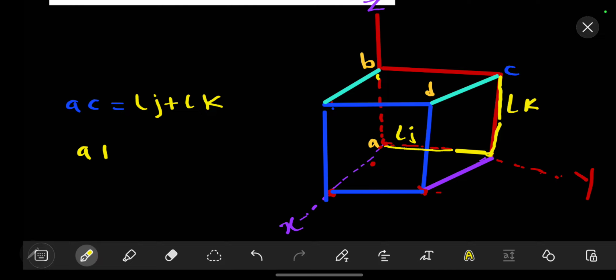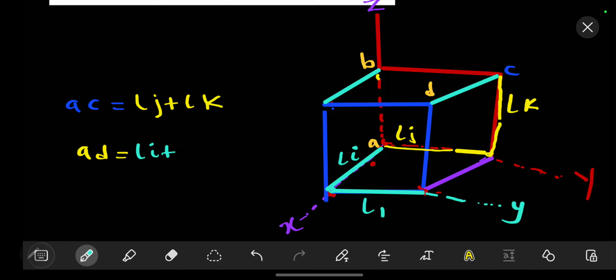Then we know that our AD, we are just going to retrace it so that we are able to understand. From here up to here, it is a length of L. Since it's X, it will be Li. So we are going to say Li plus, from here up to this point now. If this is Y, automatically this will also be Y. So this one will be your LJ.